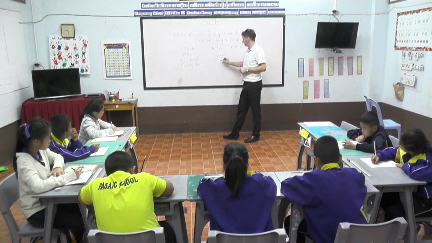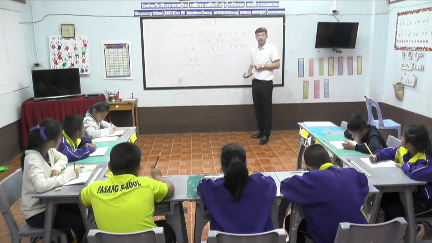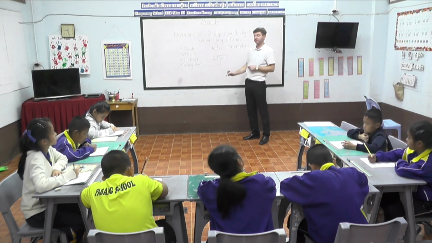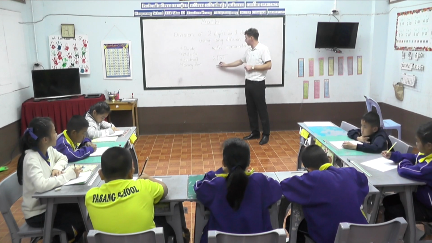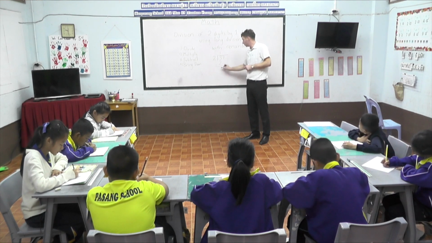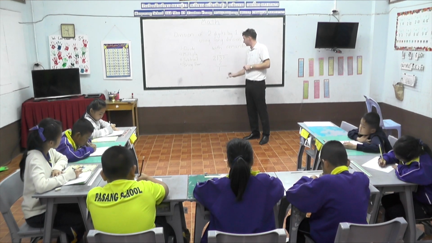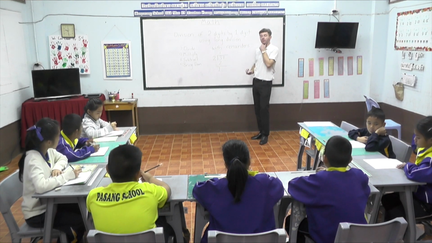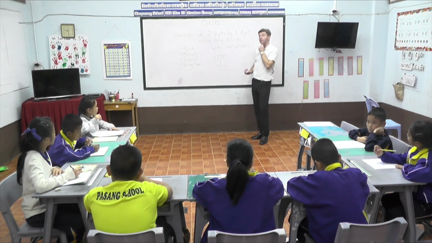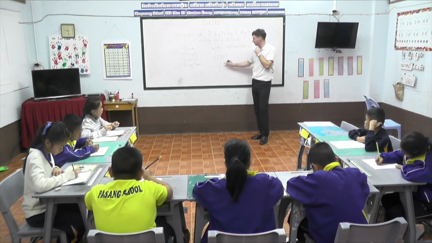Okay, now we're ready for step number 3. And step number 3 is subtract. 3 minus 2 equals 1. So we write our 1 at the bottom there. Then what do we do with step number 4? Bring down. We need to bring this 7 down.